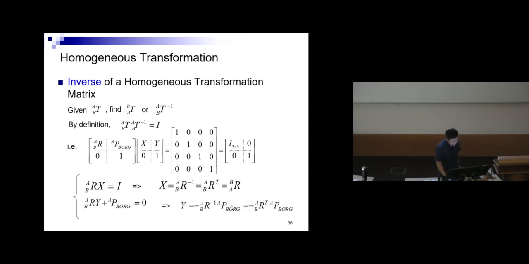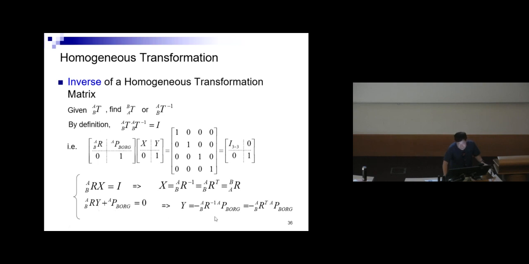And then next you look at this. You have your ABR multiplied by Y plus the APB origin multiplied by 1 will be equal to your zero column vector over here. So this is what you have.